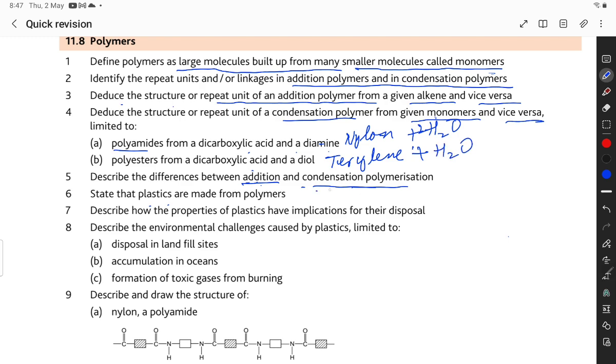Different monomers join to form a polymer along with a simple molecule. This is the definition of condensation.